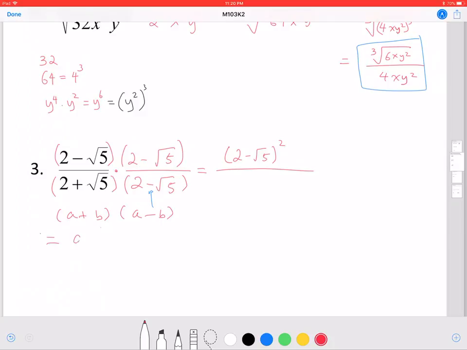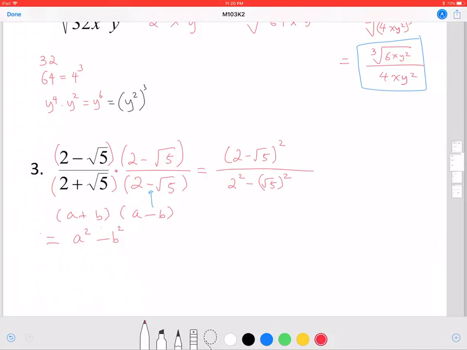Hope you remember, that gives you a squared minus b squared. And that's nice. Why is it nice? Because the b squared will make the square root of 5 squared, which is 5, and that will remove the radical. Remember, that's all I want. I want to remove the radical in the denominator. So that is going to be 2 squared minus square root of 5 squared.